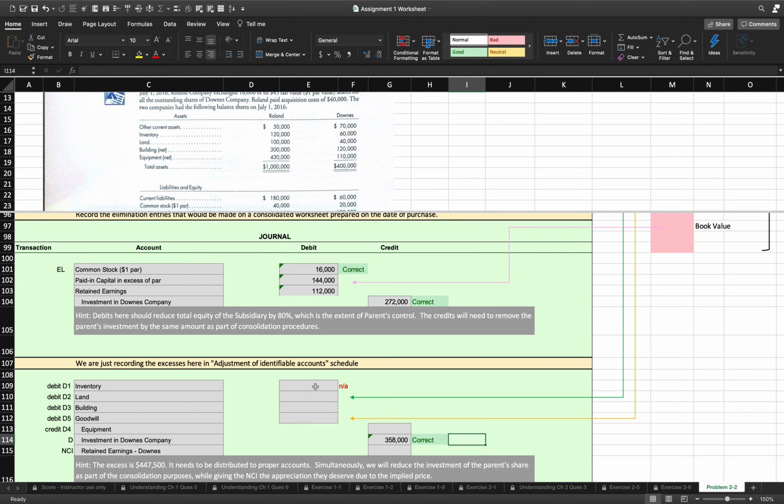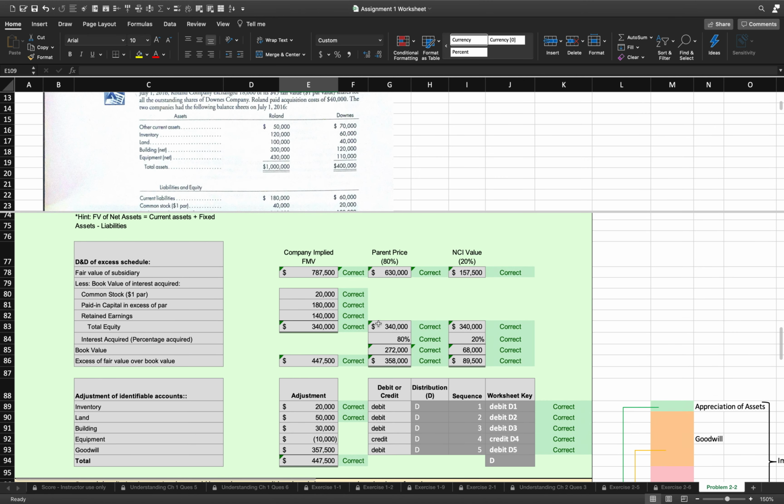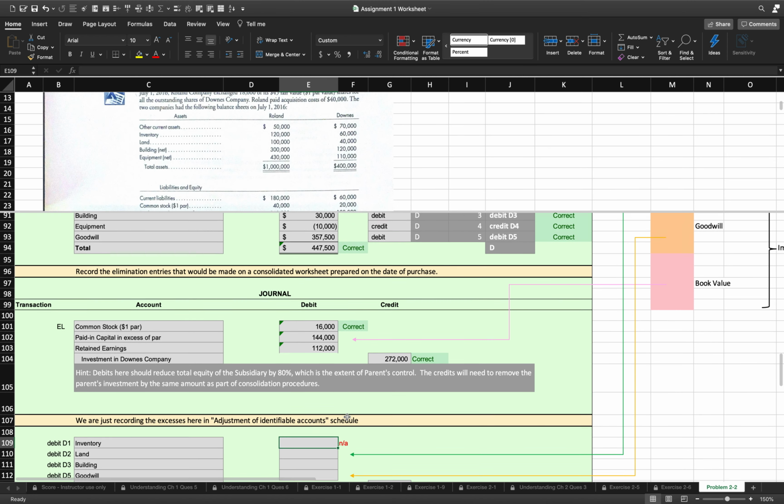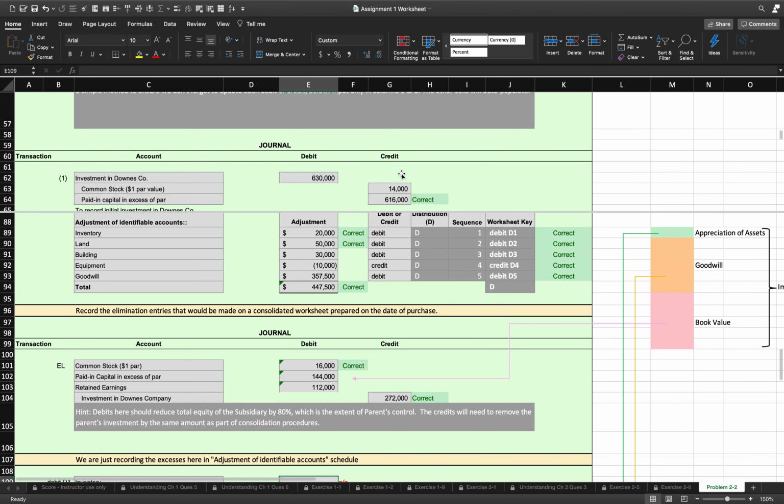We know now from our determination and distribution schedule, from our adjustment of identifiable accounts schedule, that we need to increase inventory by $20,000. So let's go ahead and put that up here on the screen.